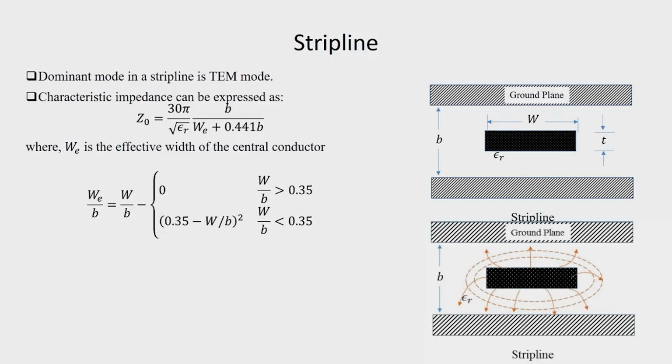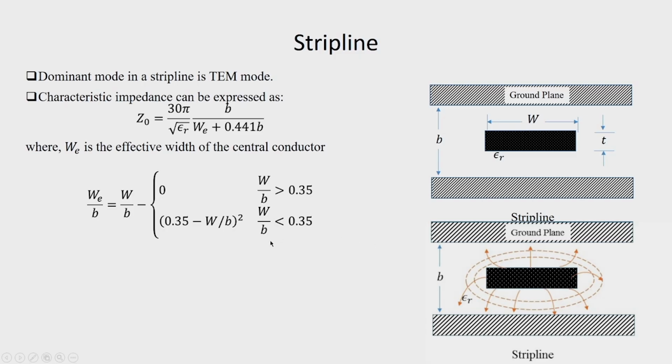We by B is given as W by B minus... if W by B is greater than 0.35, then we need not add any correction factor.